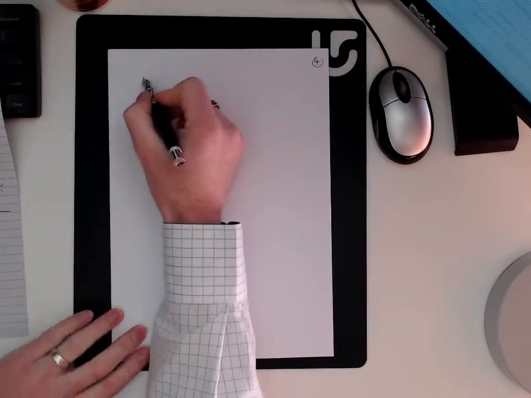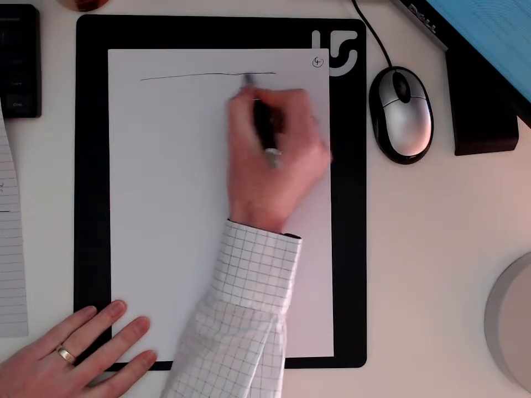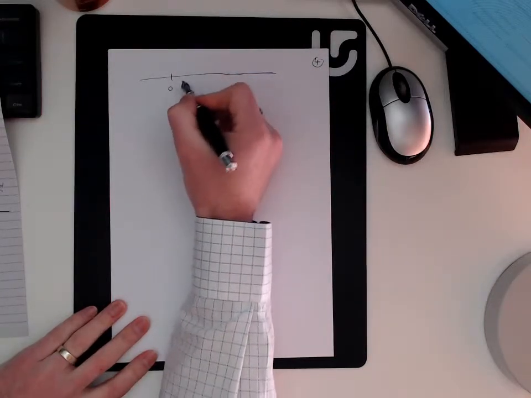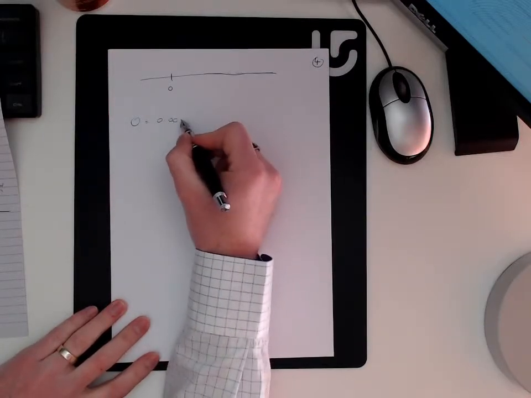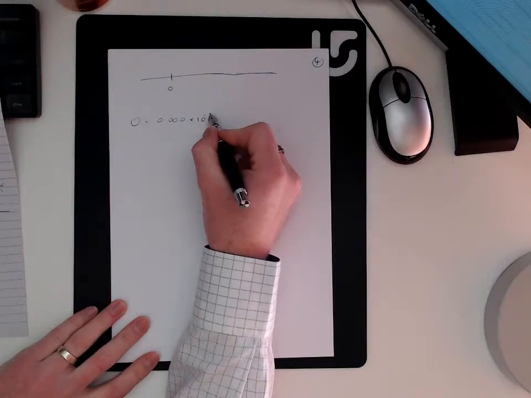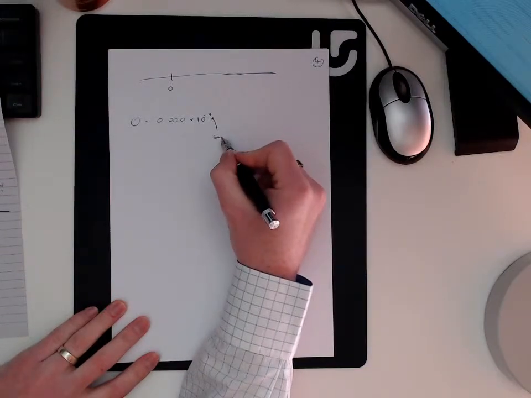Okay, now here's the computer's number line. I've drawn it as a straight line, but there are of course gaps in it. So here's 0, and I'm always going to write 0 as 0.000 times 10 to the minus 9. I've chosen here the smallest possible exponent.